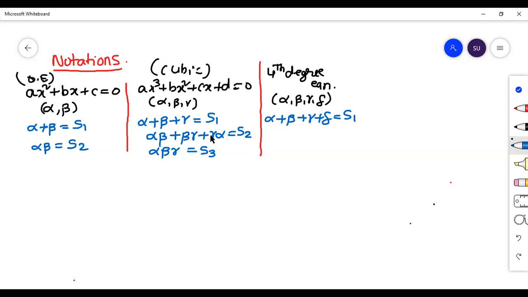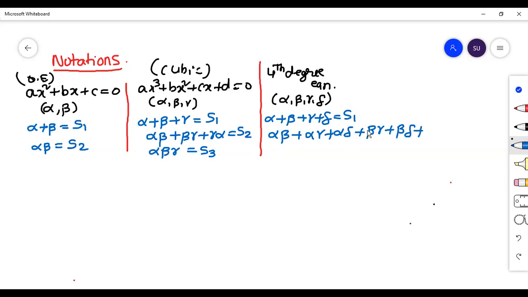Next, S2 means we have to take roots pairwise. Start with alpha: alpha beta, alpha gamma, alpha delta. This is one combination. Next, start with beta: beta gamma plus beta delta.